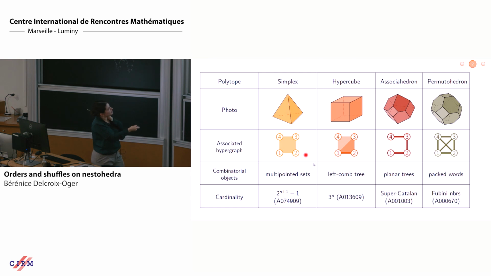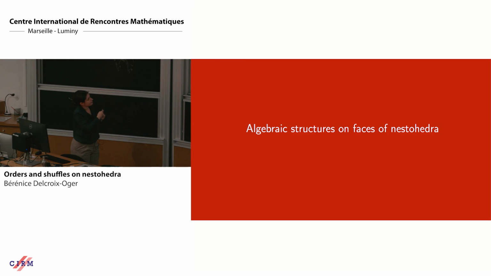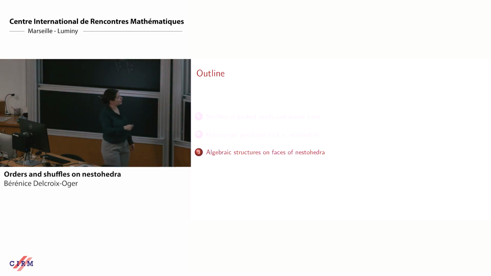We can describe it in terms of left comb trees, but it can also be seen as sequences of 1, minus 1, and 0. It's equivalent. And for simplices, it's multi-pointed sets. Okay, so finally. What algebraic structures are we defining on faces of nestohedra?